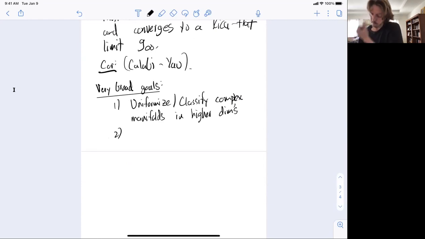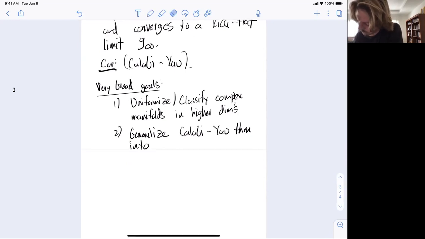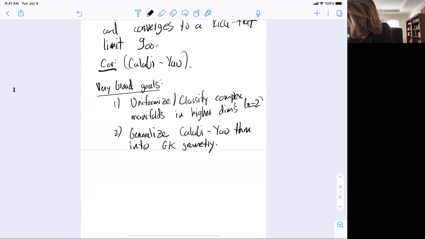And two, we could ask to maybe generalize the Calabi-Yau theorem into, well, more broadly into Hermitian geometry, but maybe let's specifically say into generalized scalar geometry. Okay, this is something we might want to do. And then maybe here specifically, at least the case n equals 2, complex dimension 2.